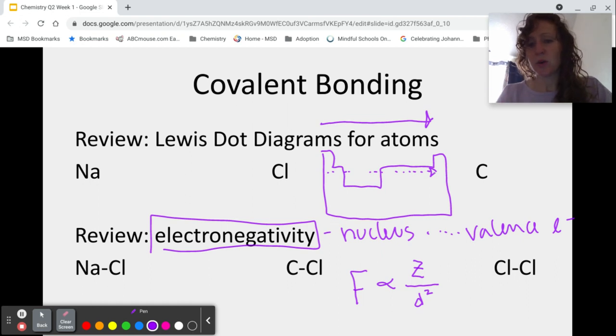So as we go from the left to the right on a periodic table, we're going to increase in nuclear charge. And our distance doesn't change. Remember, that's an increase in our nuclear charge, while the electrons in that second row all sit in the second energy level. So there's no increase in distance. There's only an increase in nuclear charge, and therefore electronegativity is going to increase.